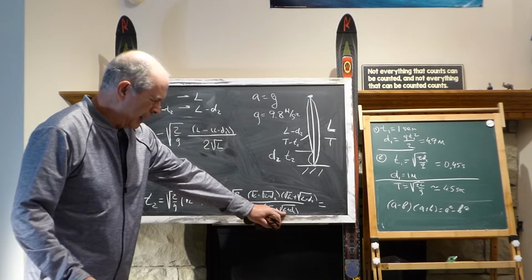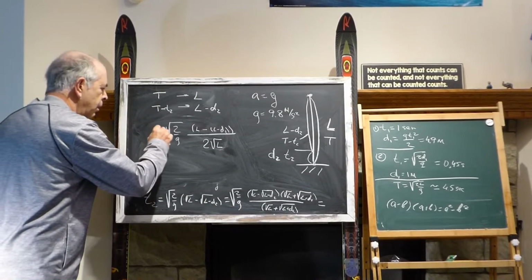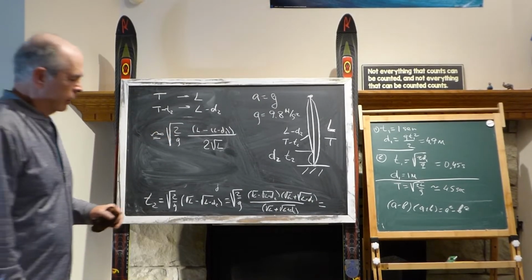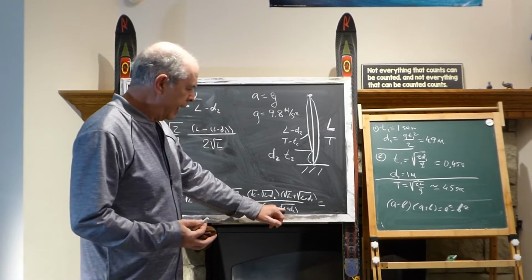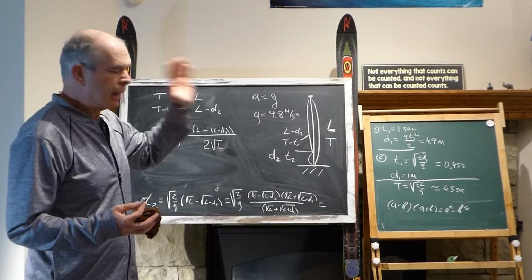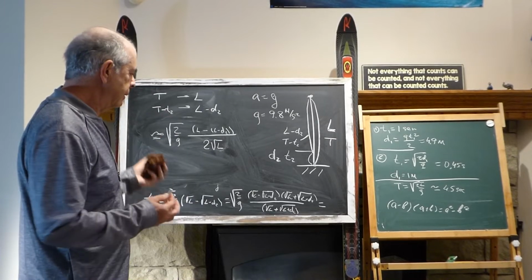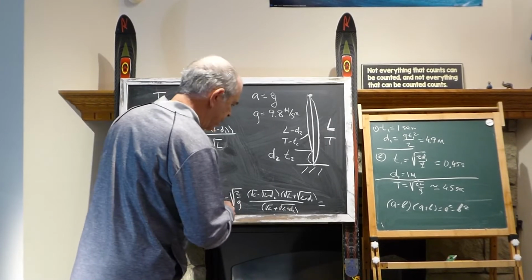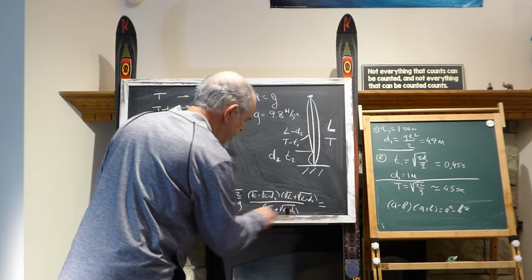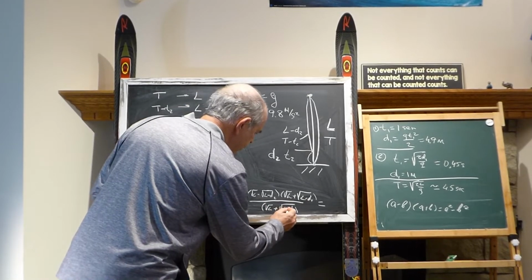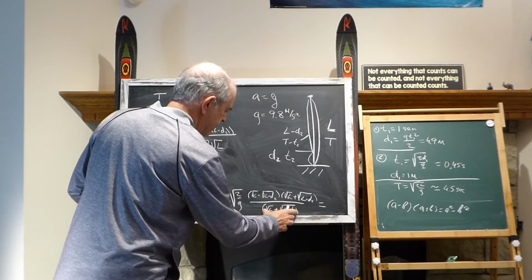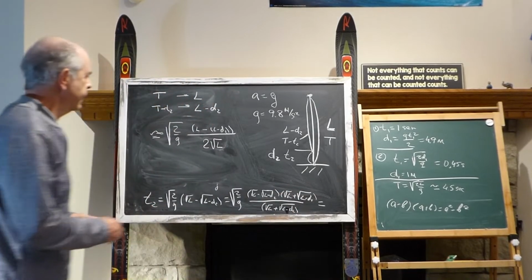Of course it's a little bit not true, but if L is equal, let's say, 100 meters and D2 equals 1 meter, it doesn't really matter. Sorry, this should of course be minus, because this bracket is the same as this bracket.